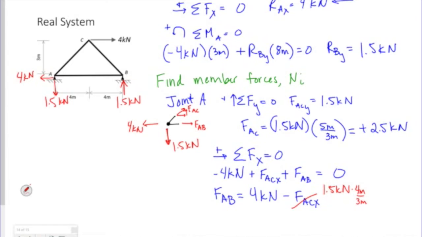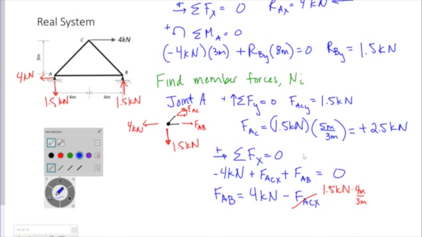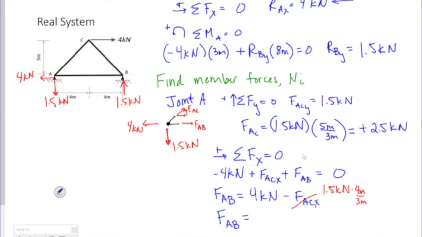So I get a force in AB equal to 2. So it's also in tension. This is 2.5 kilonewtons, and this is 2.